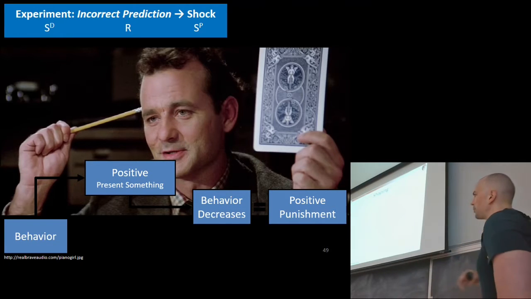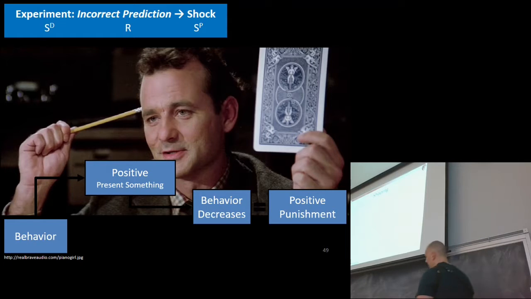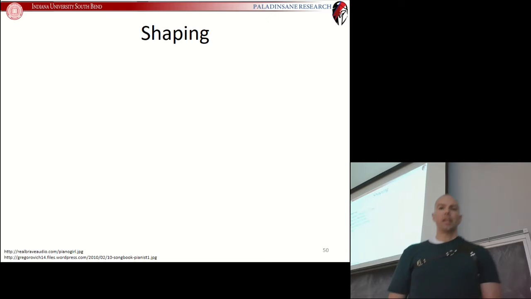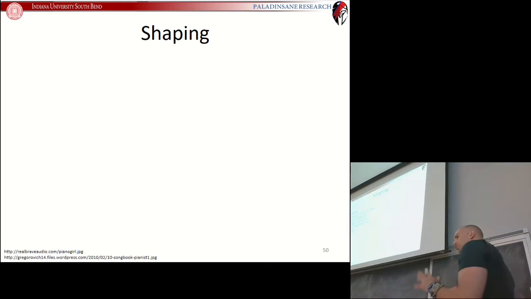All right. Last thing we're going to talk about today, shaping. Shaping is one of the last principles of operant conditioning that theoretically is not necessary, but in practical ways makes operant conditioning possible.